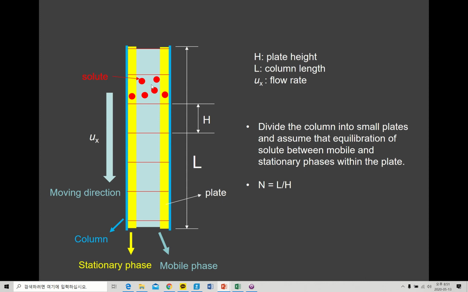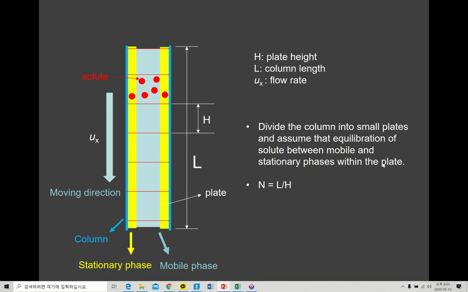Actually this is not such a discrete process, but a continuous process, but theoretically we can think of it that way. In each plate there is equilibration of solute between mobile and stationary phases.